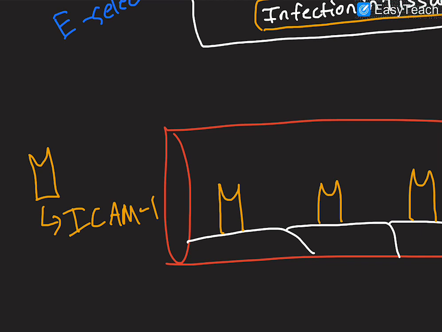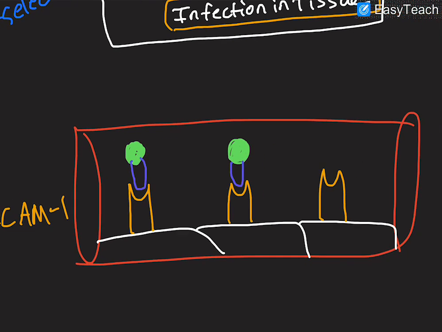Leukocytes have integrins on them. Again, we're representing leukocytes like this. The leukocytes have certain beta integrins on them, which we'll represent in a purple color. These integrins will attach to the ICAMs, or these cellular adhesion molecules that are present on the endothelial cells.